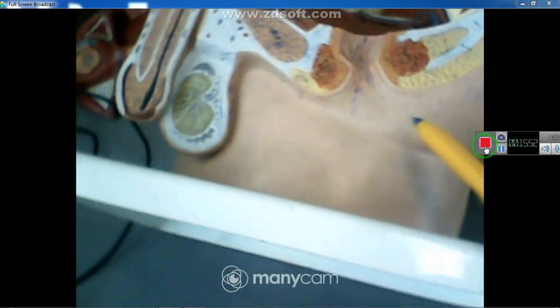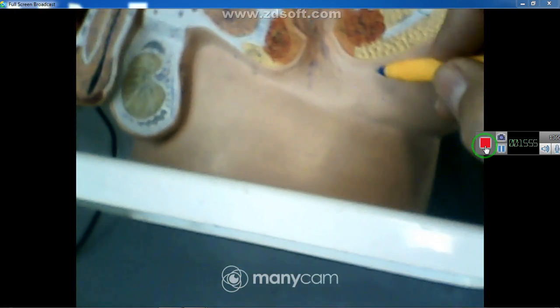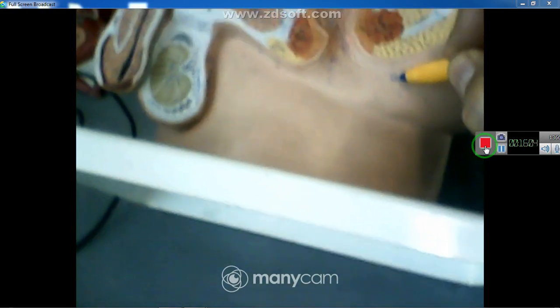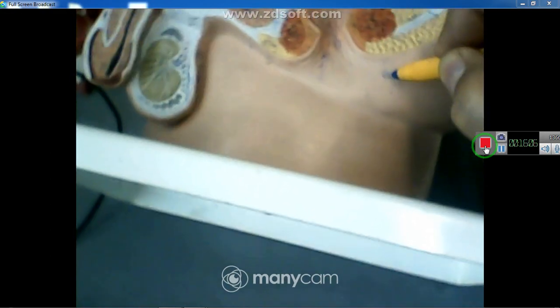So if I find an opening here on the right side of the anus and pus exits from here, what is this? A fistula. This is the skin of the lower trunk.